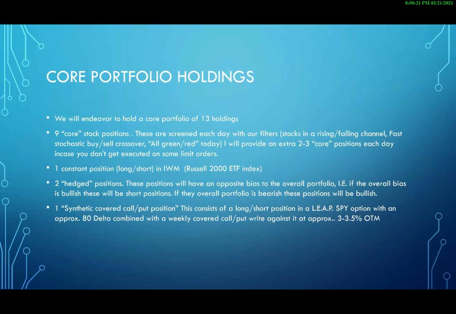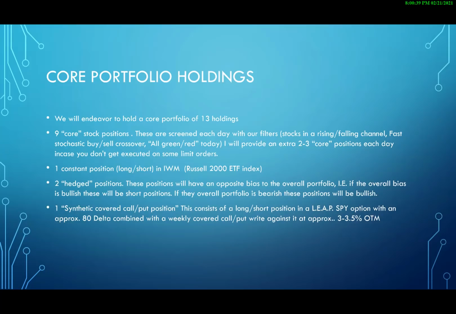So generally, those are the 3 primary ones that we follow. So an all green, all red today would mean that all 3 of those in concert have triggered a buy or a sell signal on the stocks that we were looking at.